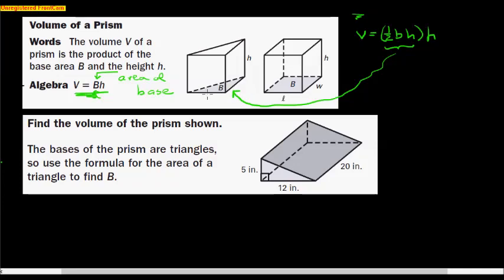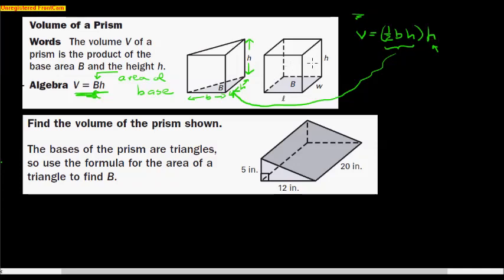So that lowercase b could be along there, and then the height of that triangle along the bottom is this lowercase h. This h over here is the height of the whole prism. It's a little confusing because we've got two different h's here, but this one in here is the height along the base, and this one is the height of the whole figure.